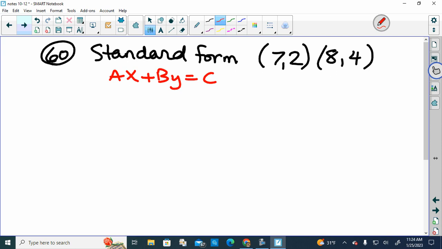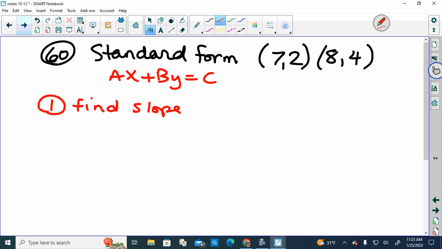So that's how they want us to finish out, okay? But before we do that, we need to go through some steps to solve it, okay? So the very first step that I need to know is I need to find my slope, okay? So we're going to do what we just did in the last one, okay? So the first step is find slope.